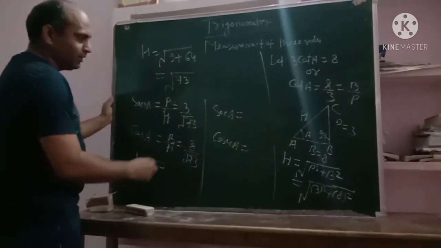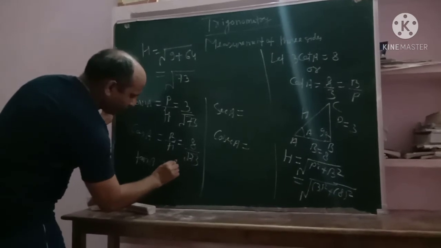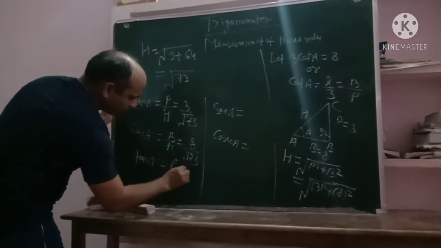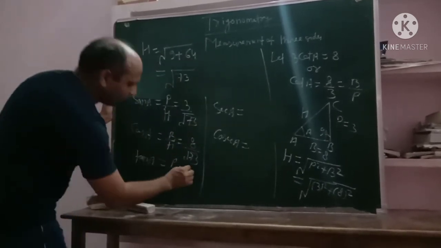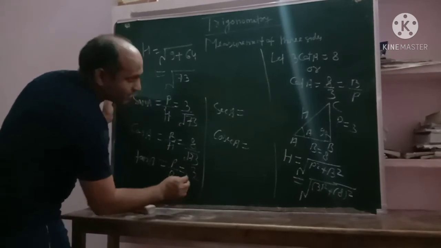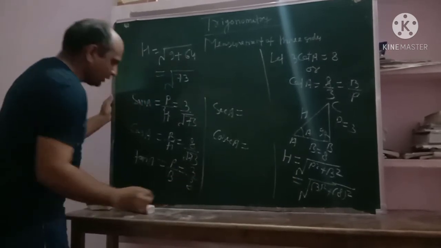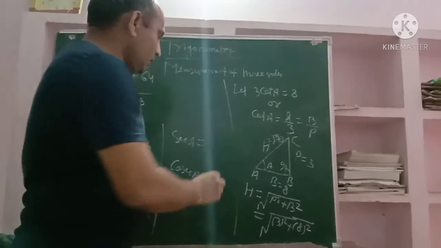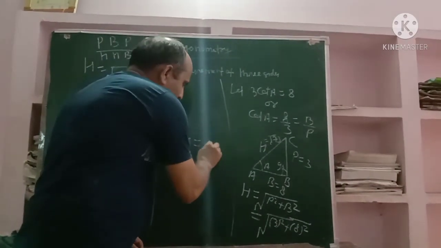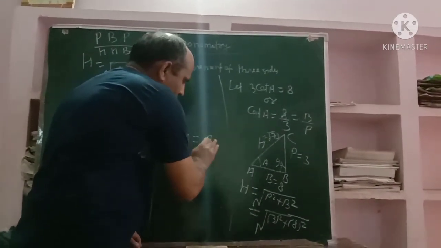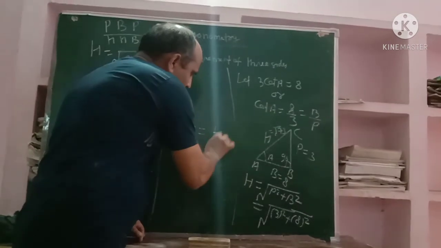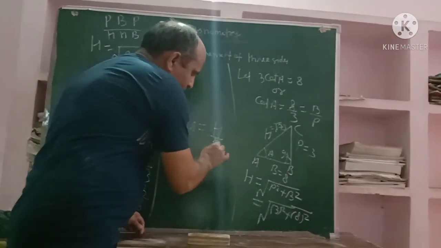Similarly, tan A is your perpendicular upon base. So perpendicular is your 3 and base is your 8. Actually, sec A is equal to hypotenuse upon base.